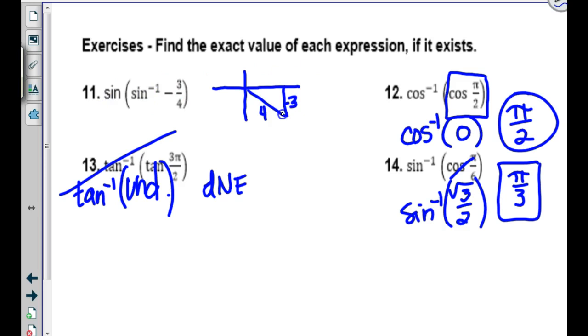Look at the triangle I just drew. What's the sine? What's opposite over hypotenuse? Okay. They're just undoing each other. If I have an angle whose sine is negative 3/4, what is the sine of it? Negative 3/4. Okay.